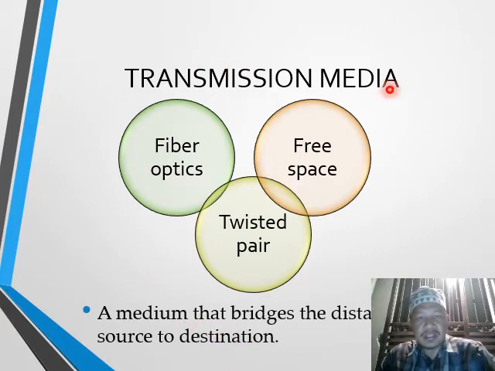Examples of common transmission media: fiber optics for digital signal; free space, or air, also known as atmosphere, which is basically the same thing, where the electromagnetic wave propagates; and twisted pair, a kind of wire that can be used to transmit signal at certain frequency.